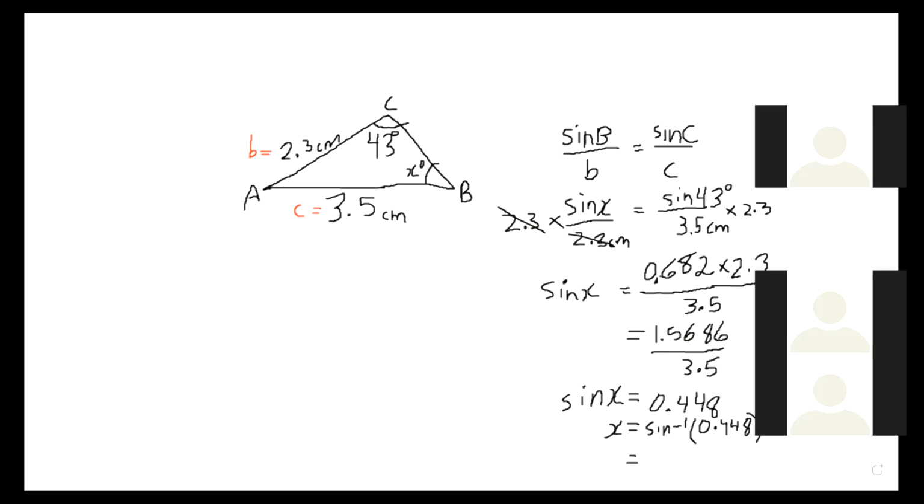I have to type in 0.448. And then I have to go to my second key and then press sine. And I got 26.6. That's the one decimal place. That's the 1 dp.